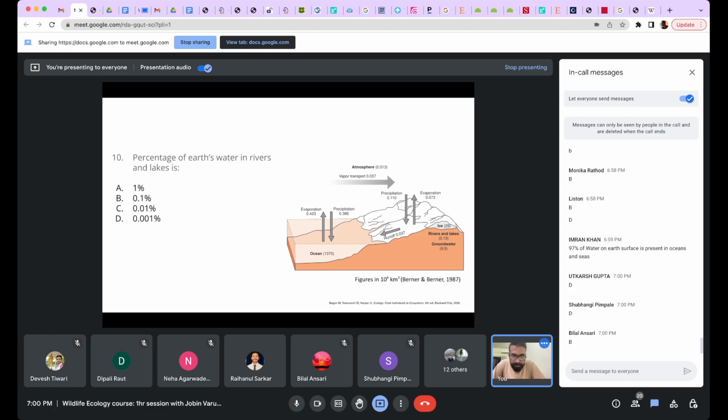I'm dividing 0.13 by 1,370 or 1,380 approximately, and calculating the percentage, which means multiplying by 100. I am getting 0.009489. It's almost equal to C, 0.01 percent.